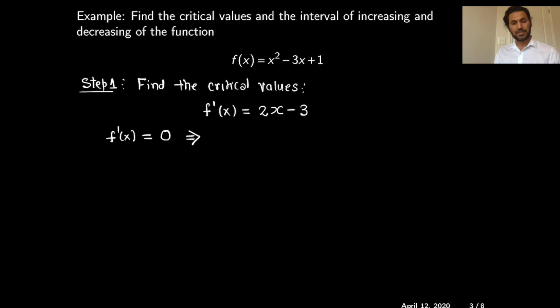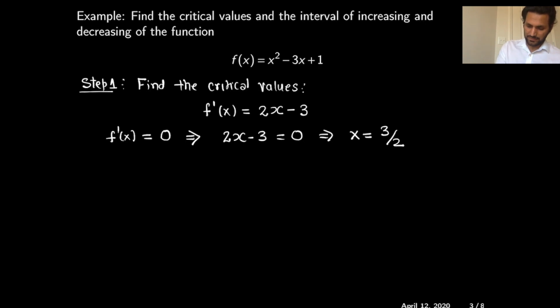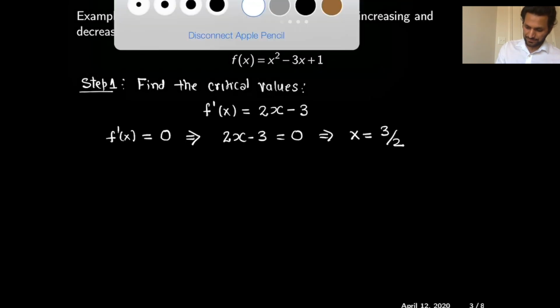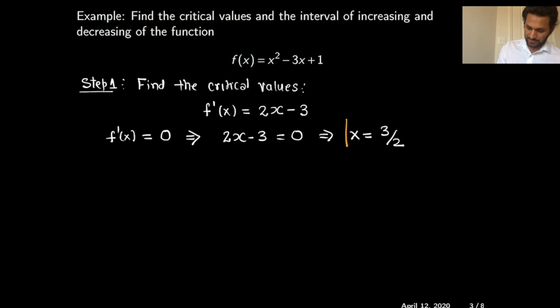So we will just check the one condition, when the derivative of this function is 0. So we set 2x minus 3 equal to 0, which gives us x equal to 3/2. So 3/2 is our critical value. If I box this one, this is the first answer, the critical value.